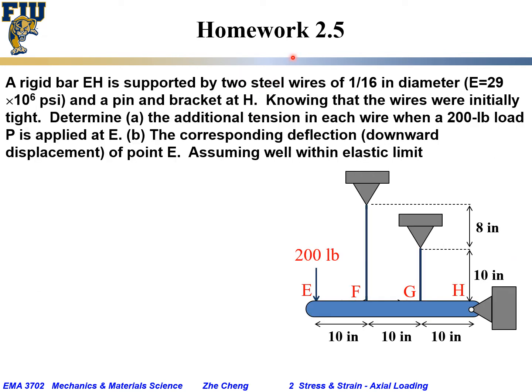Homework 2.5. This is another so-called statically indeterminate problem, which means by statics alone you cannot solve it, but with consideration of geometry or deformation it can be solved. So we have a rigid bar EH, from E to H, supported by two steel wires of 1/16 inch in diameter.